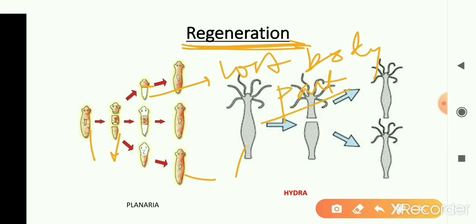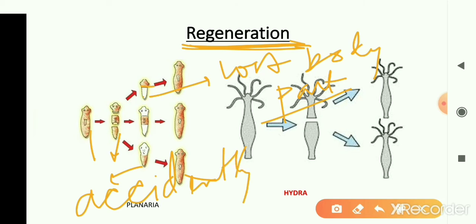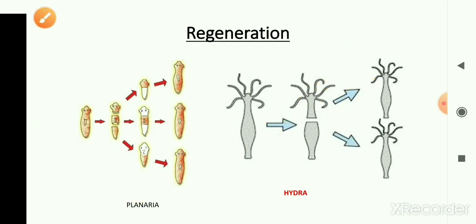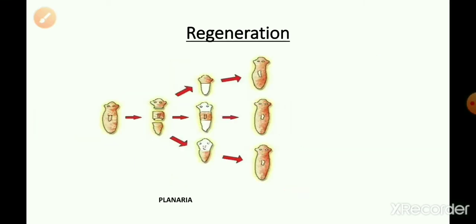It's not that for reproducing the organism will be waiting for someone to cut it into pieces. No organism will wait to be cut into pieces for reproducing. It's only that if an organism gets cut into pieces accidentally, then each piece is capable of regenerating the lost body part. Okay, so this is what is regeneration.